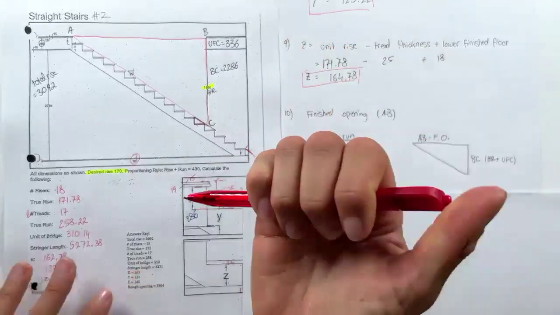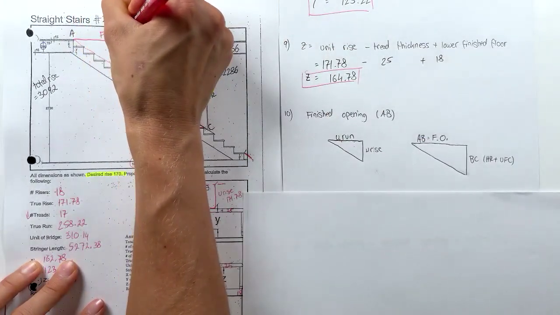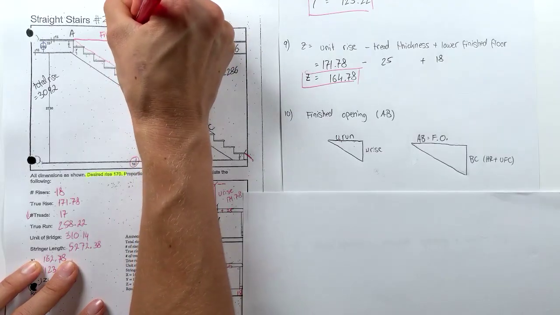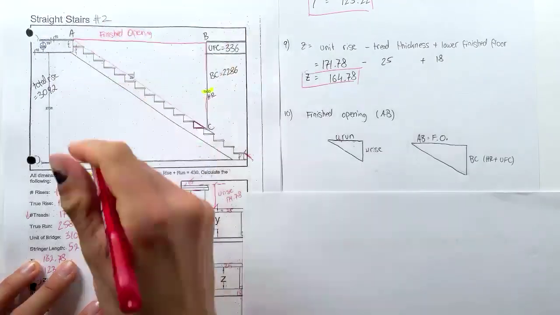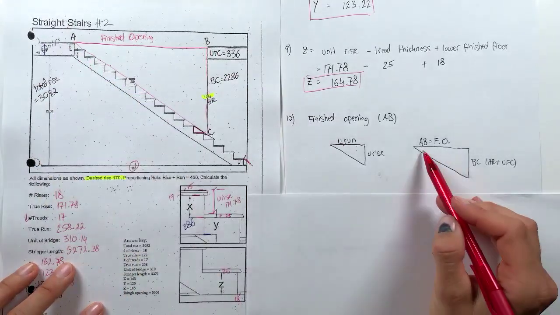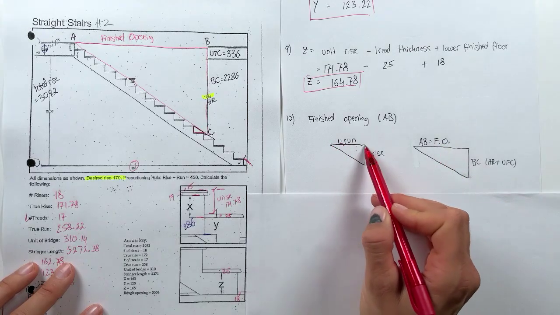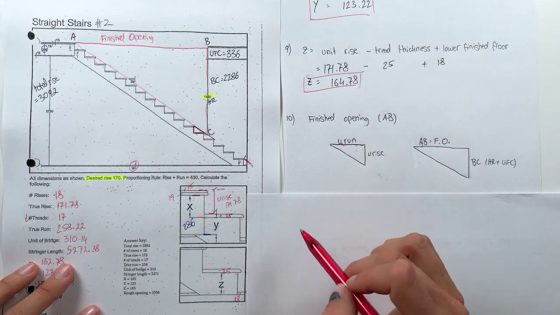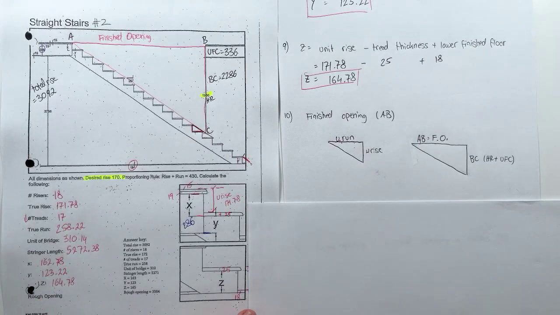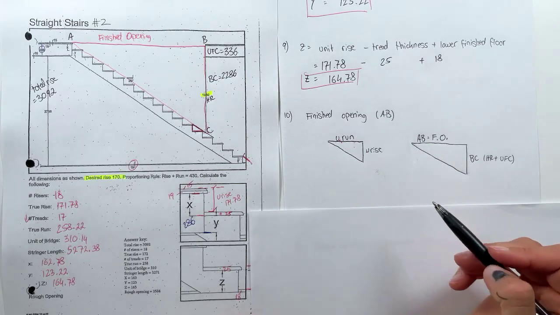Now our finished opening is AB, goes from A to B. And AB, or finished opening, same thing, is exactly in relation to our unit run. So what we can do is use ratio and proportion to find out our AB number, our finished opening.